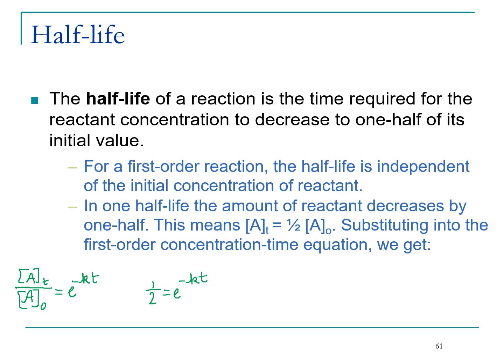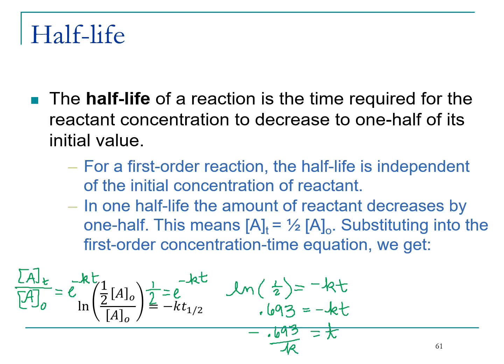And if you undo the e, that means it's natural log of 1/2 equals negative kt. And the natural log of 1/2 is negative 0.693. And so the half-life will equal 0.693 over k. So that's what's coming up here.